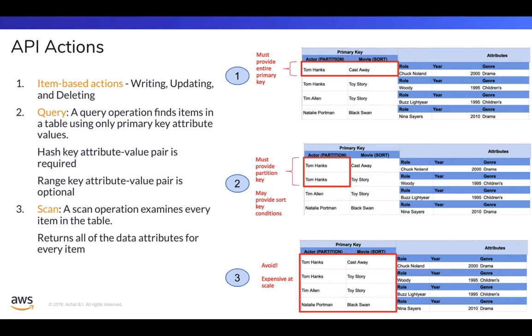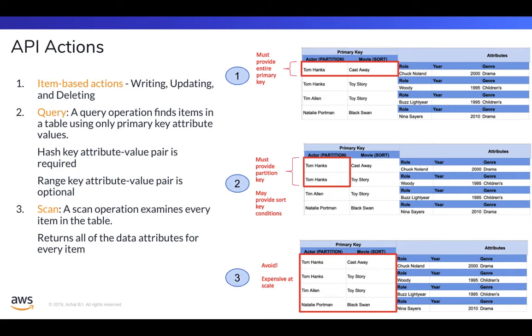So let's understand the API actions which are available. What are the APIs that we could use, and what are the effects of them? There are item based actions, which are writing, updating, and deleting. For item based actions, you have to provide the entire primary key.